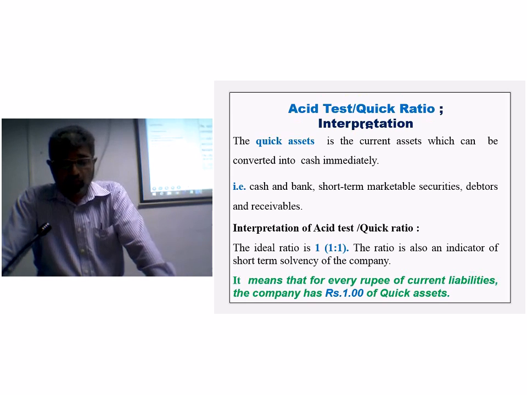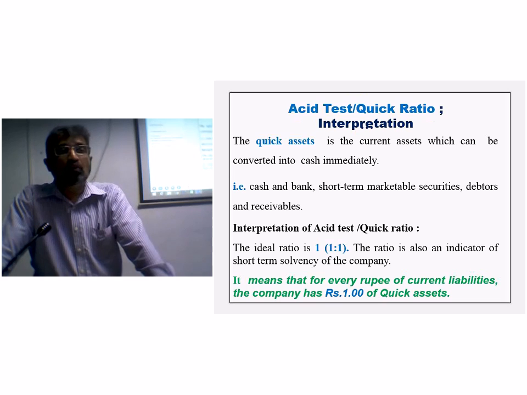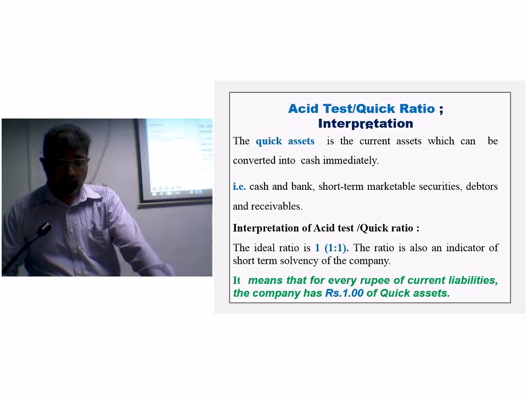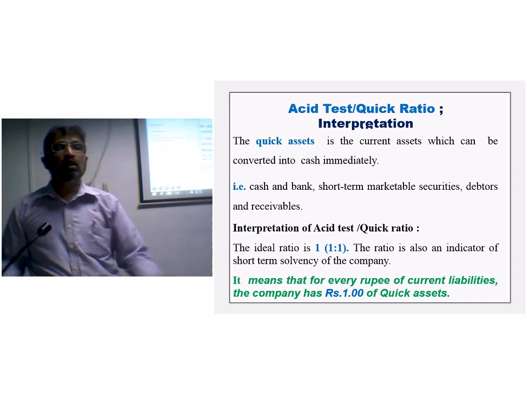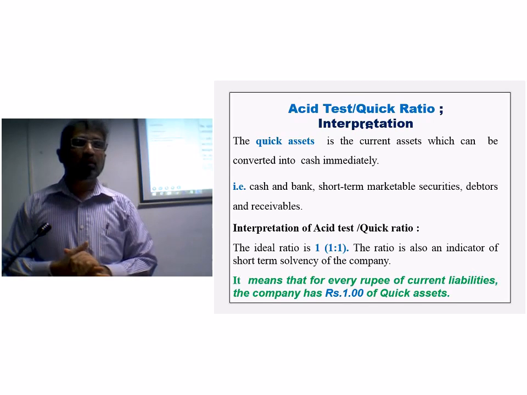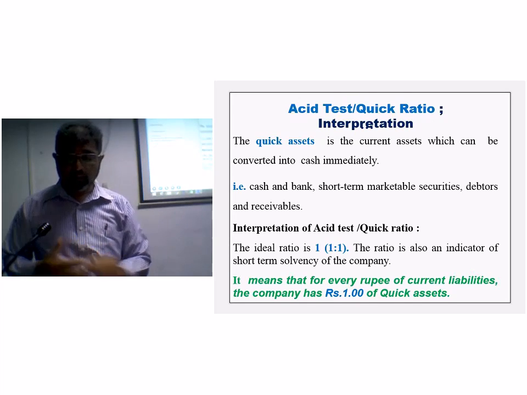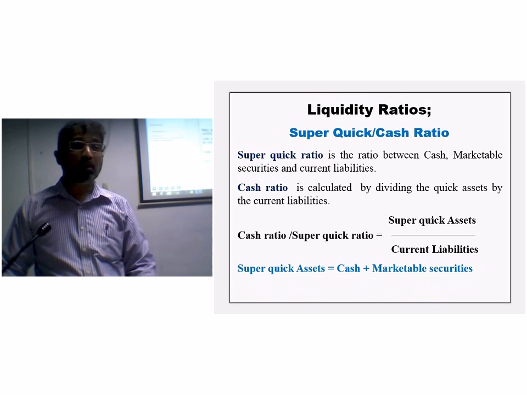The company has 1 rupee of quick assets to settle that 1 rupee of current liability, right? Then we don't have any issues regarding that commitment. We have enough quick assets to settle the current liabilities. That is the idea behind the quick asset test ratio.